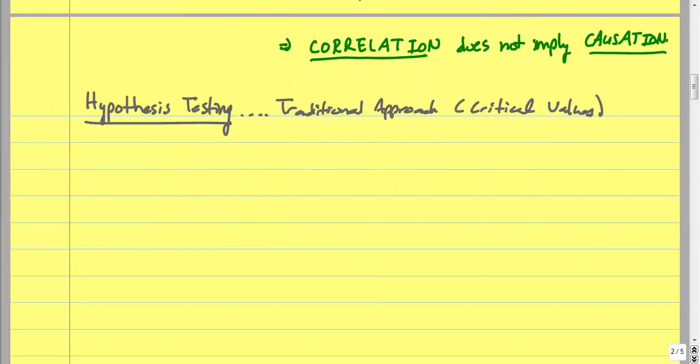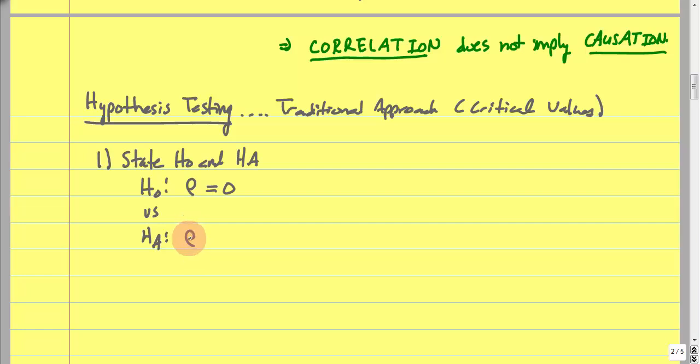Okay, so first thing that we're going to do for the traditional or the critical value approach is to state H0 and HA. Now, stating H0 and HA is going to be pretty straightforward because they don't really ever change for the correlation coefficient test. So what we always use here is rho, because that is our population correlation coefficient. We use rho equals 0 versus the alternative, rho not equals 0.